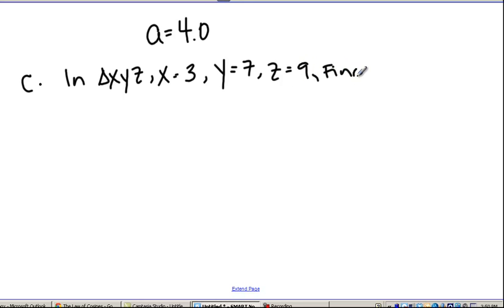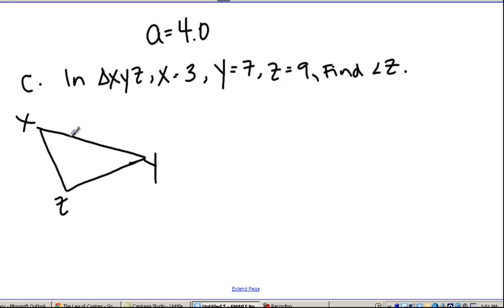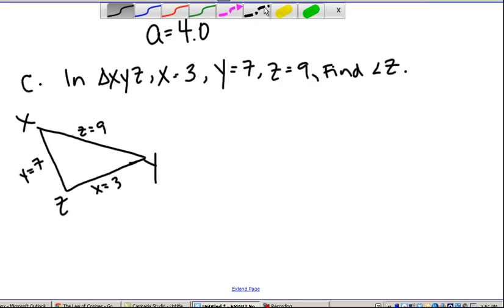Find angle Z. Okay, so let's draw a picture. X, Y, Z. Z is 9. Y is 7. And they want us to find this angle.